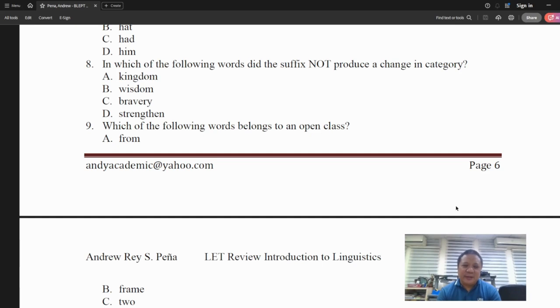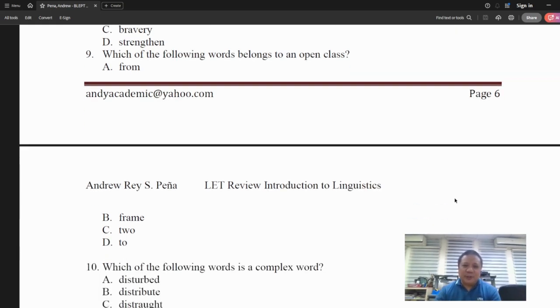In C, bravery, brave is an adjective, bravery is a noun, so there was a change in category when you added a suffix. In B, wise is an adjective. When you added the suffix dom, you have wisdom, you now have a noun. So there were changes in B, C, and D. But in A, king is a noun, kingdom is still a noun, so there was no change in category. The answer is A.